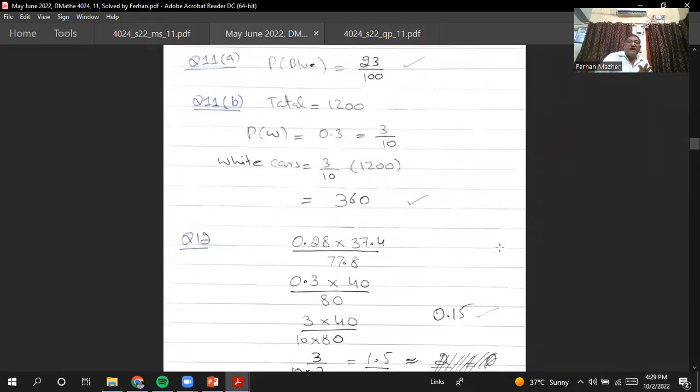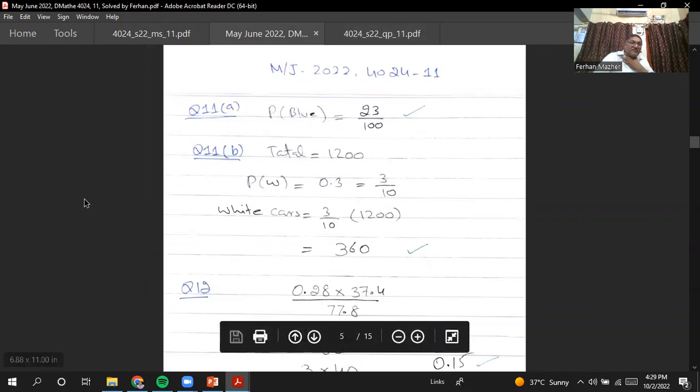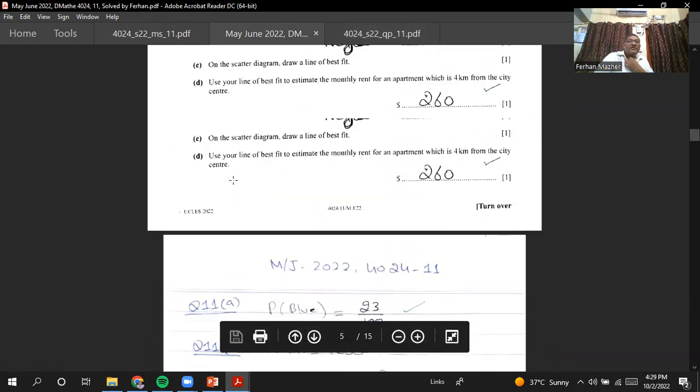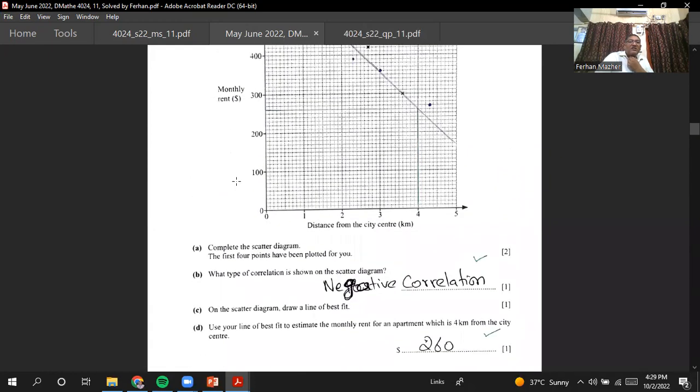So I'm not sure if I have shown you this: the probability of the blue is 23 by 100, so total is 1200. So what is the probability of the white? I said this is 0.3, that's 3 by 10. So how many white cars are there? 3 by 10 into 1200. So I am doubtful if I have done it or not.